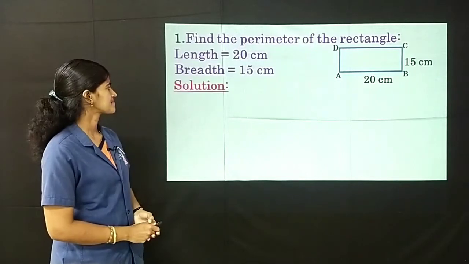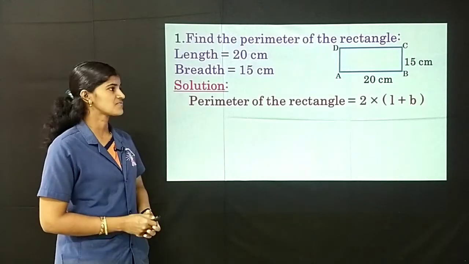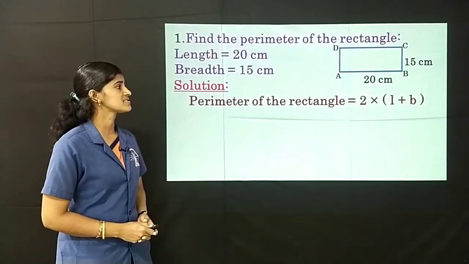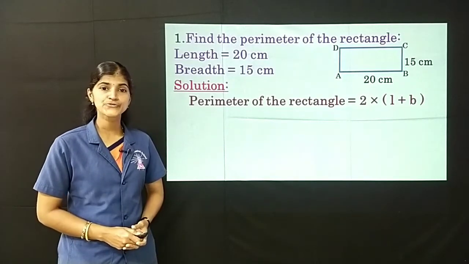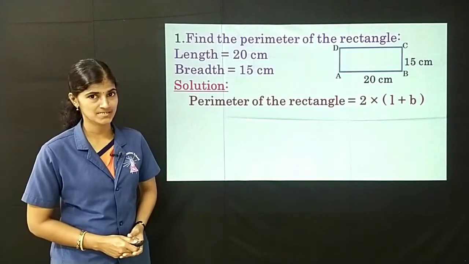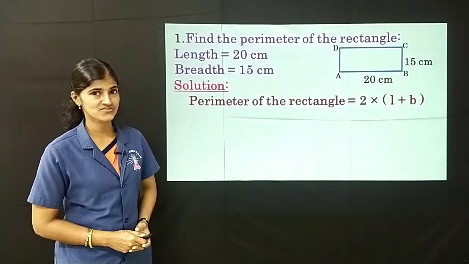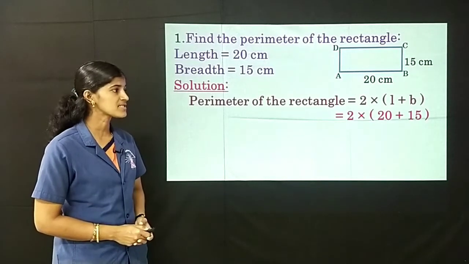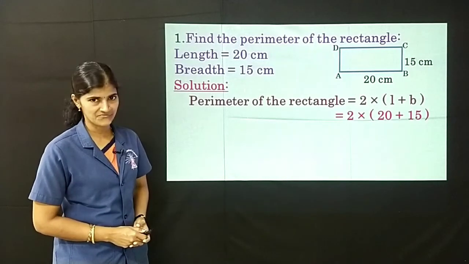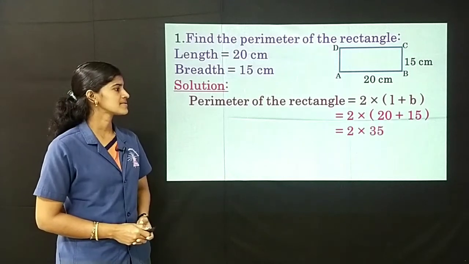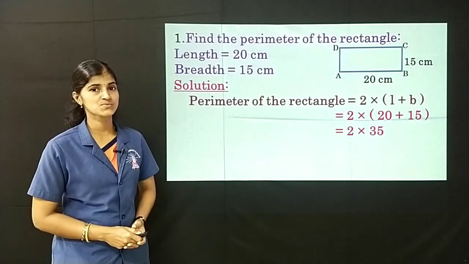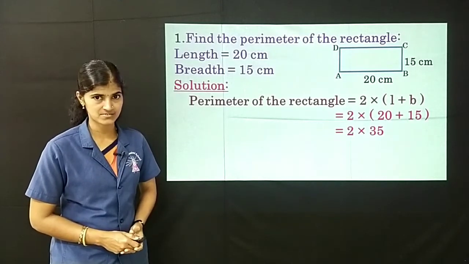Then let us write the solution. Yes, we can make use of the formula. Perimeter of the rectangle is equal to 2 into (length plus breadth). Let us put the values in the formula: 2 into (20 plus 15).